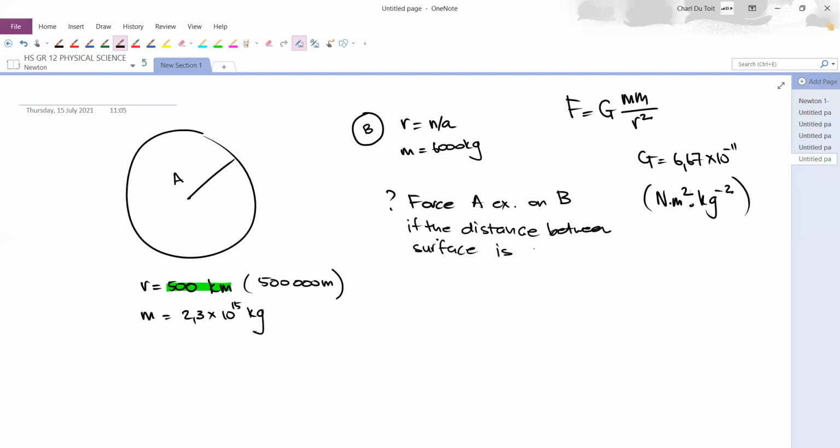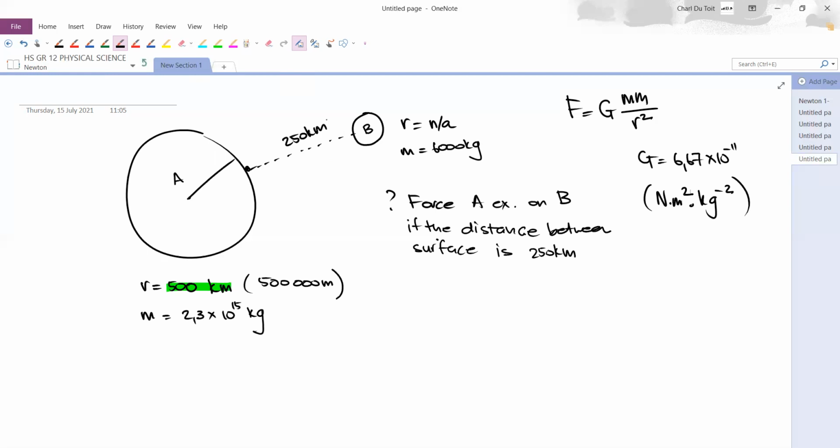Let's say 250 kilometers. So from this one surface to B is 250 kilometers.